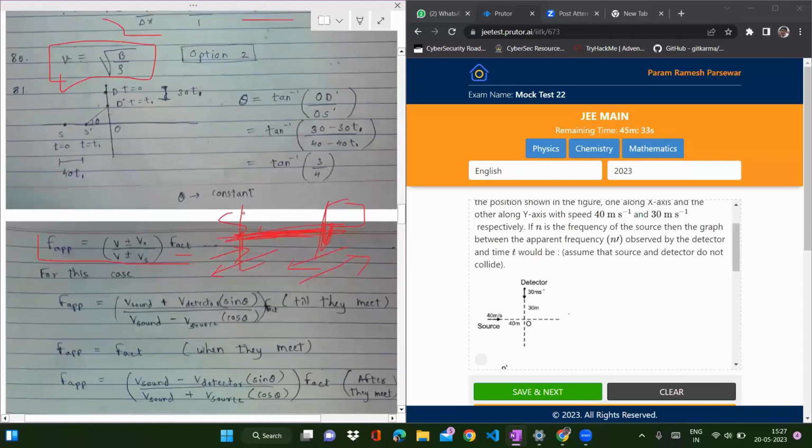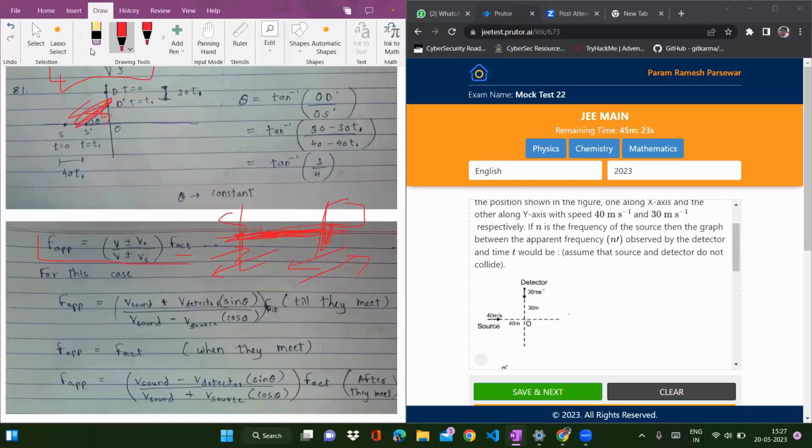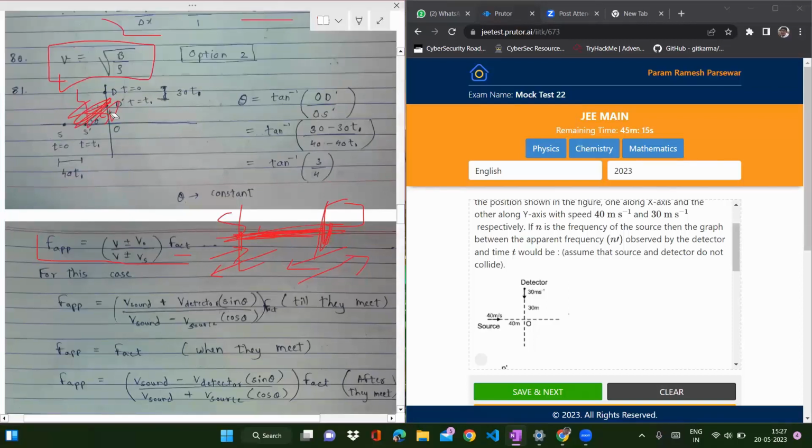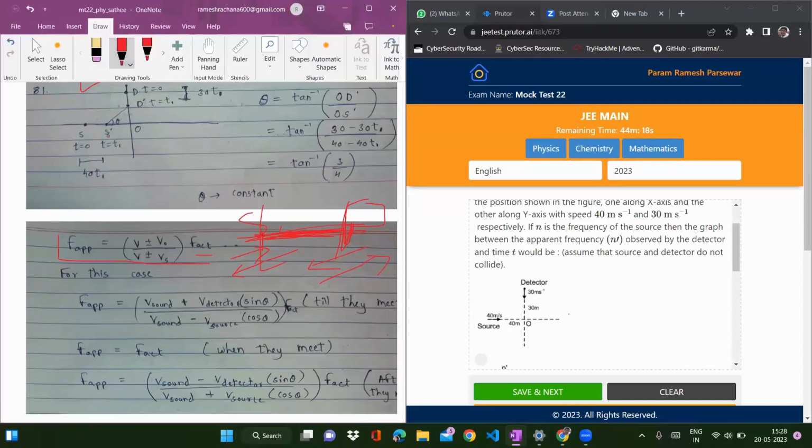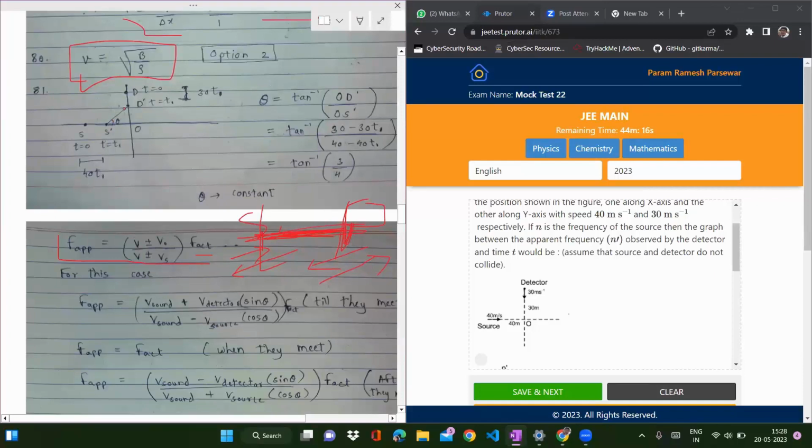So as theta is constant, the components of velocities of the source and the detector along the line joining them will be the same.